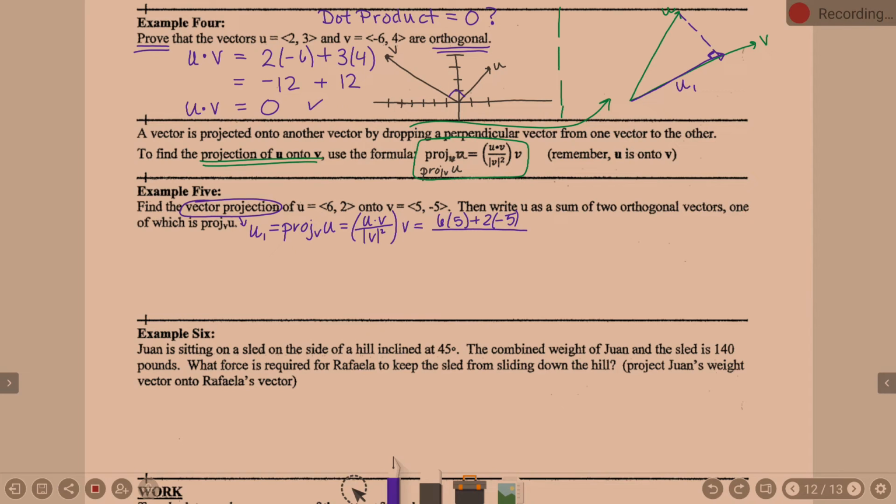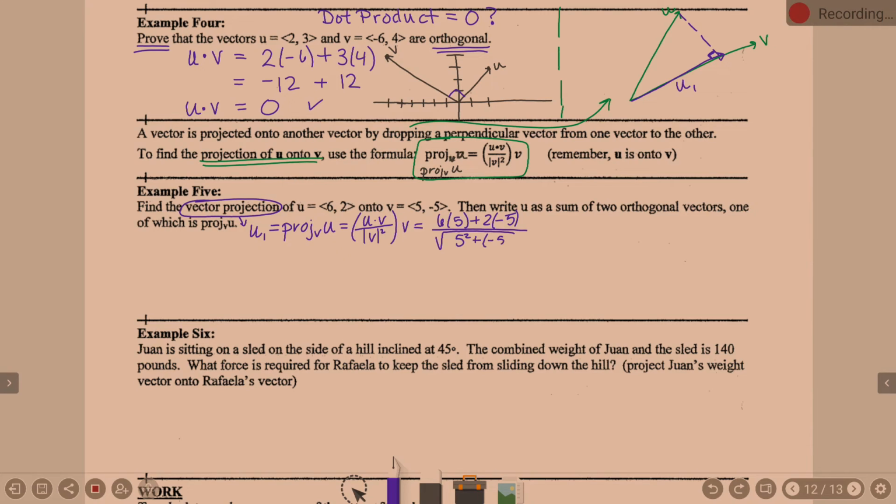Denominator. How do I do the absolute value of v squared? So let's ask, how do I do the absolute value of v? The square root of v1 squared plus v2 squared. Almost there. Yes, square root. The square root of 5 squared plus.